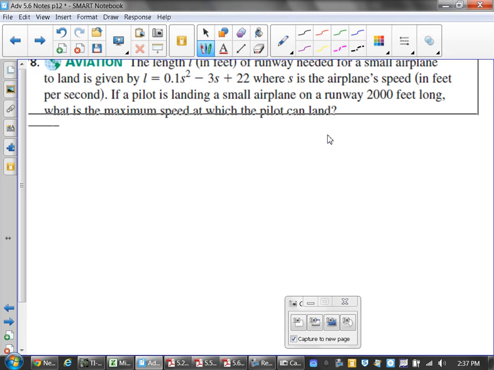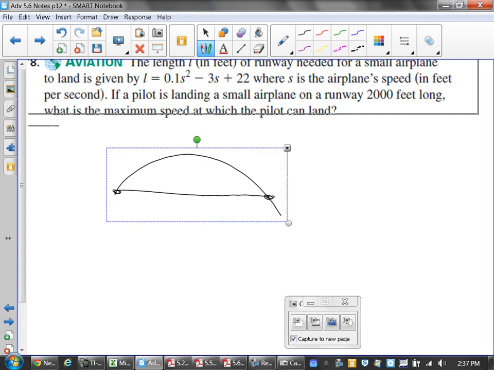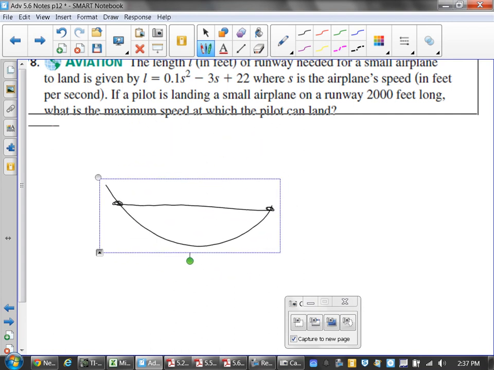When you solve for the zeros. Remember, the length of the runway is by some funky parabola, this one's the other way around. It's just looking at the curve itself, okay?